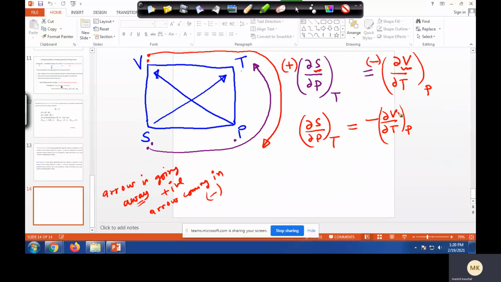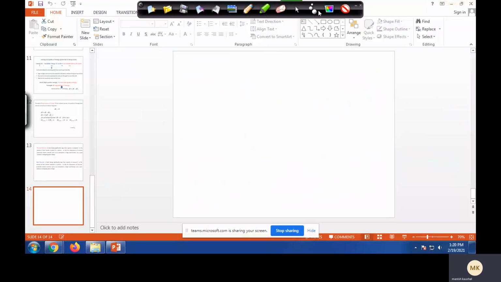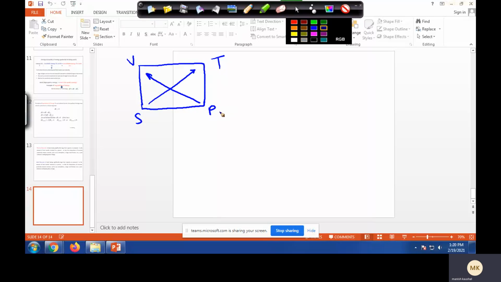Okay, let's try another Maxwell relation. Again S, T, V, P. This time let's start from here. So we need three variables.